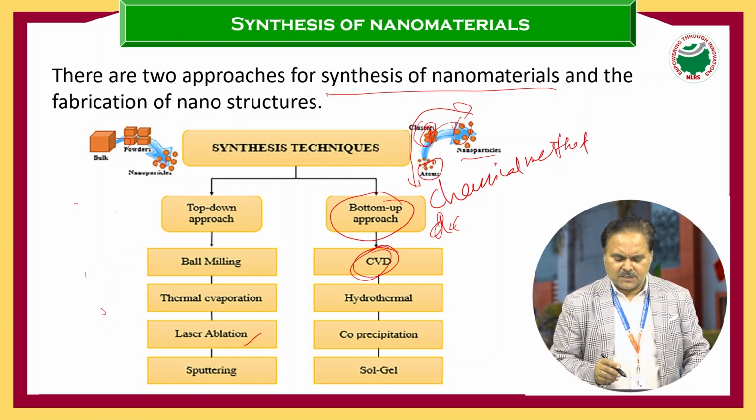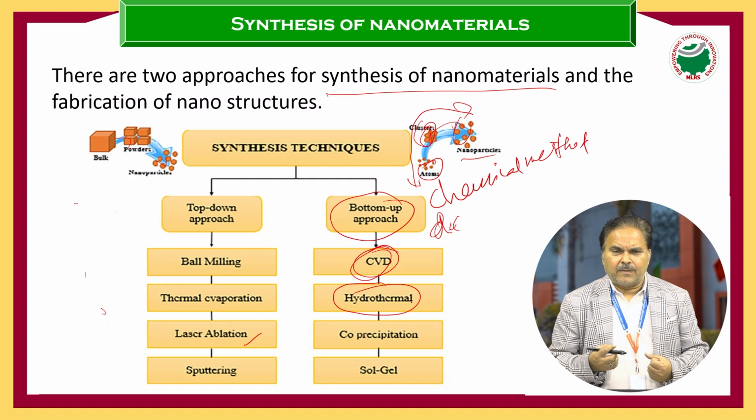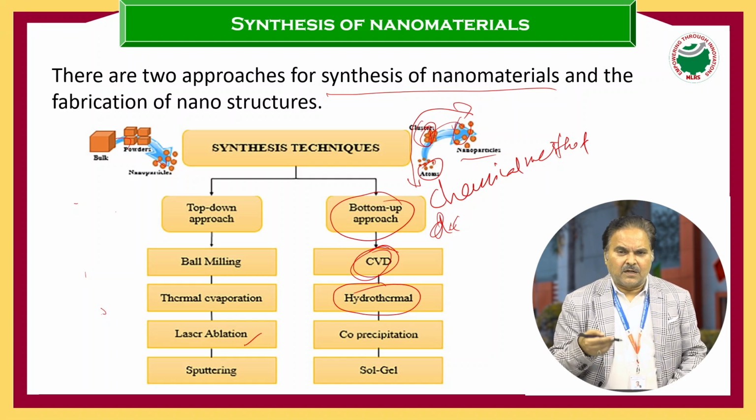Another one is hydrothermal. Hydrothermal is nothing but they use different types of liquids. For example, if you want to make copper oxide nanoparticles, what you have to do is take a compound like copper acetate.